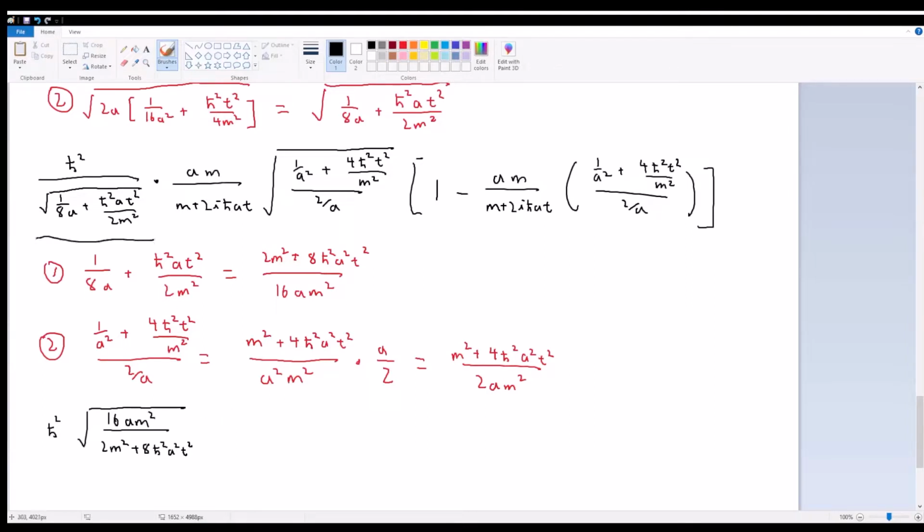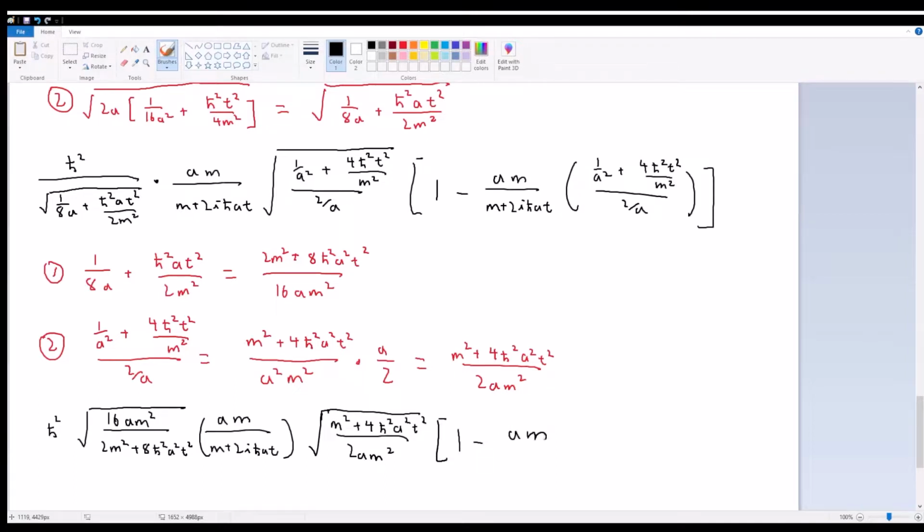So that's this first term taken care of, and then we have am over m plus 2i h bar at, and then we have the square root of this thing, so square root of m squared plus 4h bar squared a squared t squared over 2am squared, and then we have 1 minus am times m plus 2i h bar at multiplied by this thing, which is going to give us m squared plus 4h bar squared a squared t squared over 2am squared.